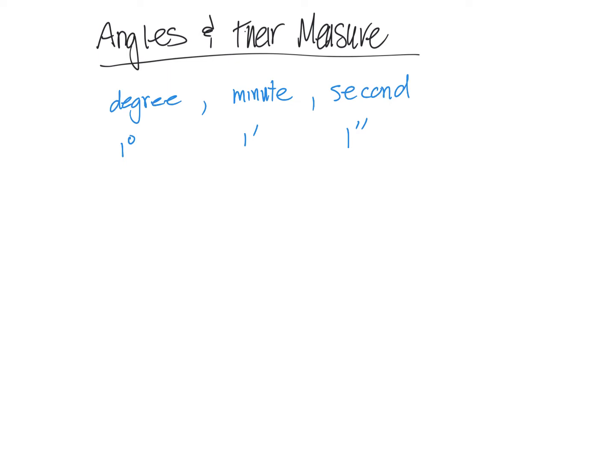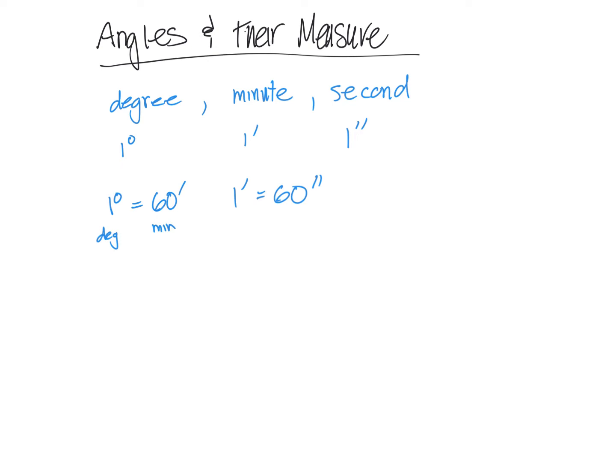We have the conversion that 1 degree is equal to 60 minutes, and we also have that 1 minute is 60 seconds. Excuse me, I said 60 seconds earlier, but in words, 1 degree is 60 minutes, not 60 seconds.